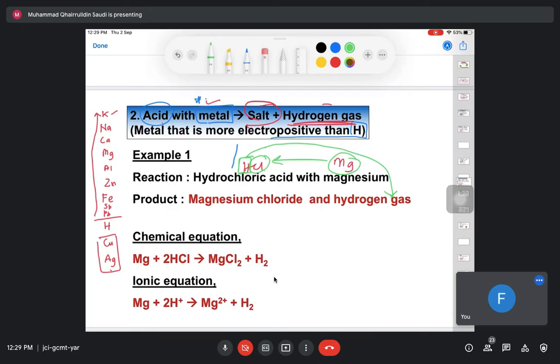Okay, so itu cara untuk awak dapatkan the name of the salt. Okay, tukar je. Magnesium chloride. So yang H tinggal seorang-seorang jadi hydrogen gas. Now, kita nak tulis dia punya chemical formula. Hydrochloric acid you should know by now, HCl. Magnesium is Mg lah, tak ada charge apa-apa because this is metal.